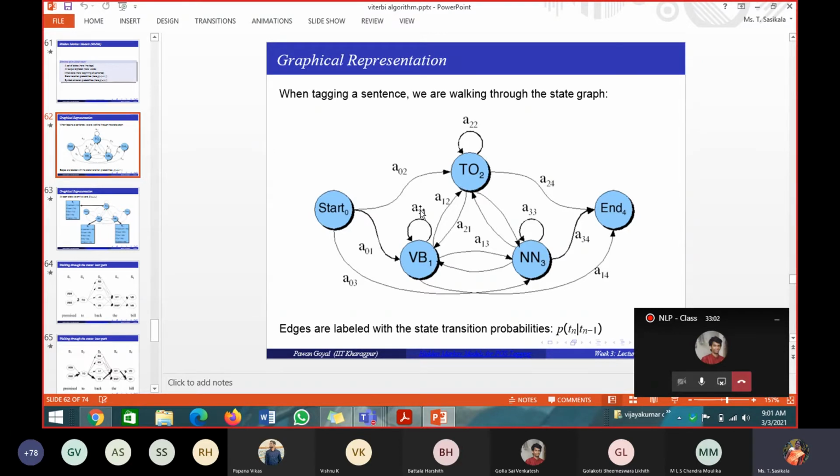Either my first word can be a verb, or a preposition, or a noun, like that. Once the first word is found, my second word can be a verb, or a noun, like that. It goes on through all possible combinations. So first, you have to draw a graphical representation in which nodes represent the states and the edges represent moving from one state to another state.